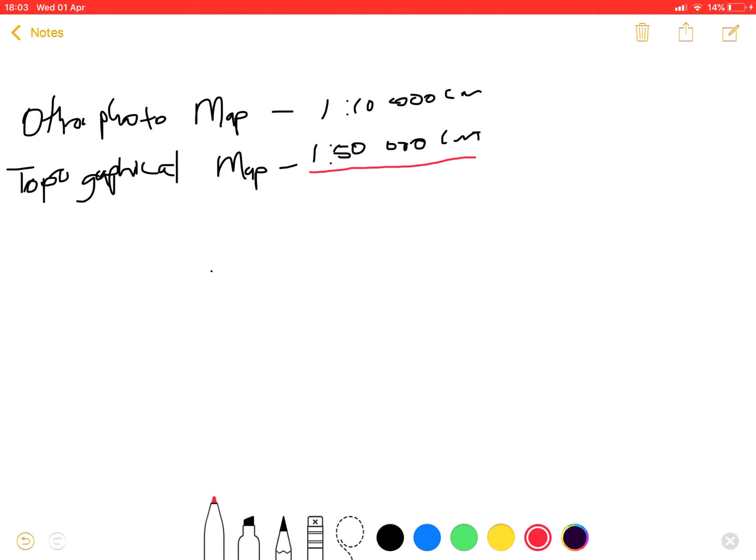The scale of an orthophoto map, which is 10,000, is bigger than the scale of a topographical map, because the topographical map is exaggerated 50,000 times, whereas the orthophoto map is exaggerated only 10,000 times. So guys, the scale of the orthophoto map is bigger than the scale of a topographical map.